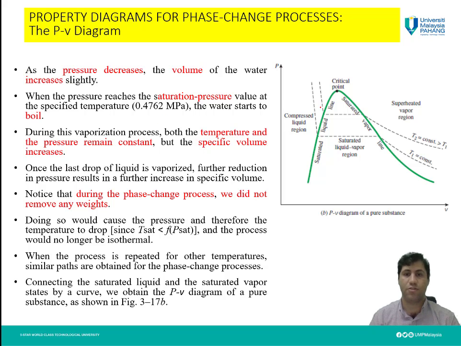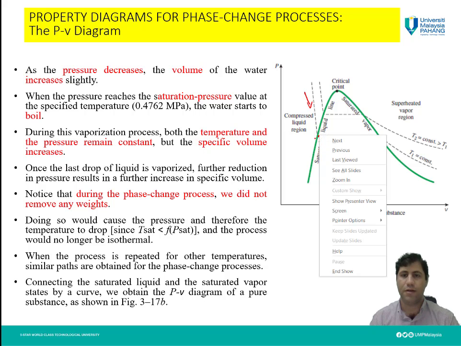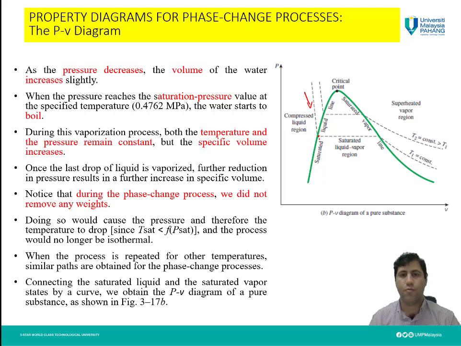When it reaches saturation pressure, the phase changing process will start. You can see here, this is constant temperature. This is the PV diagram. Then you can see here, P is decreasing. With the reduction of P, it reached here. Then the phase changing starts.